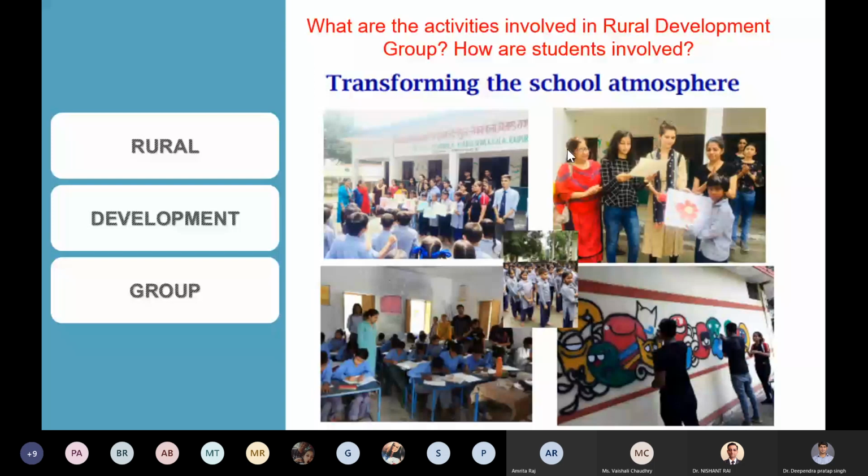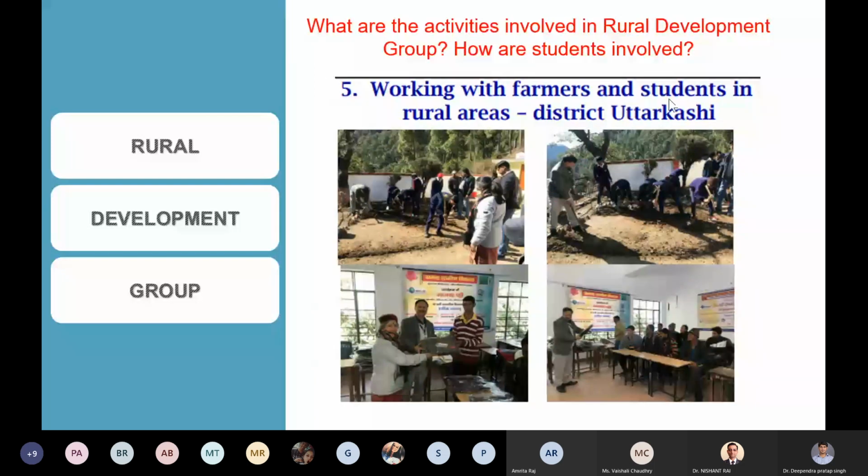So here you can see how beautiful these paintings are, done by these rural development group student members. Then we visit the farmers and the rural areas.